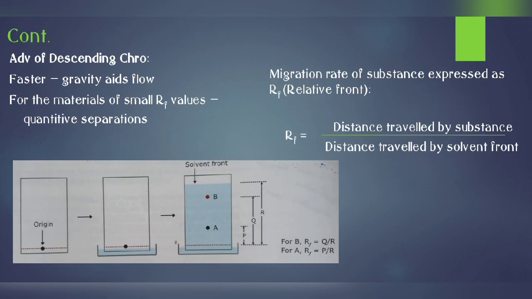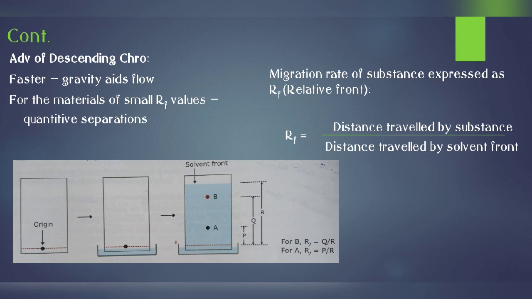The advantage of descending chromatography is that it moves faster because gravity aids the flow, so it can be used for separation of compounds with smaller RF values. For small RF value compounds, we need large flow, and if the flow is assisted by gravity, it flows easily.